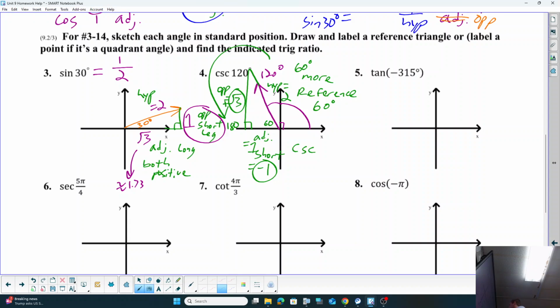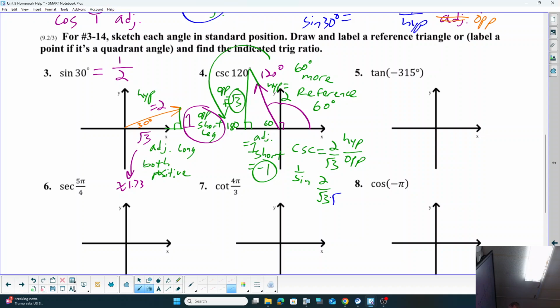Okay, so we want cosecant. Cosecant is the same as 1 over sine, so basically sine flipped, which is hypotenuse over opposite. So it's going to be hypotenuse, which is 2, over opposite, which is radical 3. And you can't have a radical on the bottom, so we're going to rationalize the denominator.